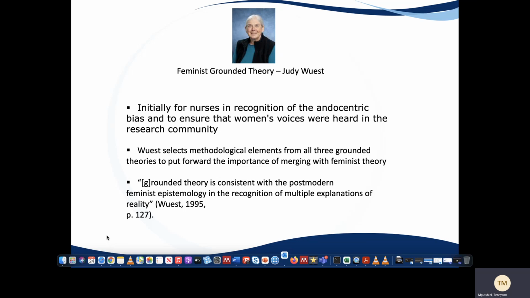Basically, this feminist grounded theory was initially used really in the world of nurses in the recognition of this kind of bias that exists amongst grown-ups, and it was really to do with emphasizing that the views of women are heard within the research community.